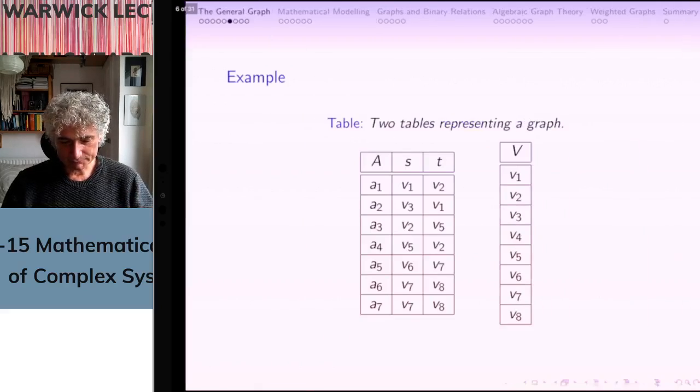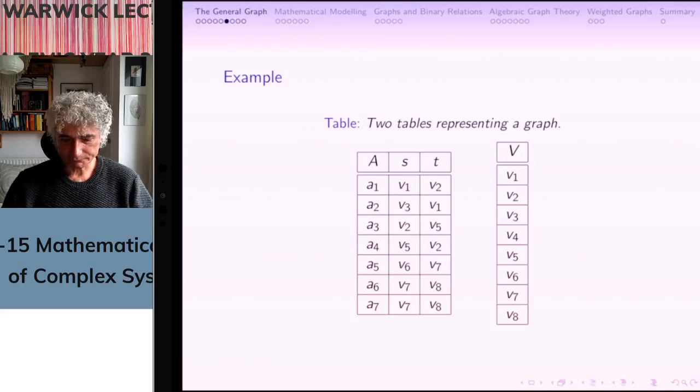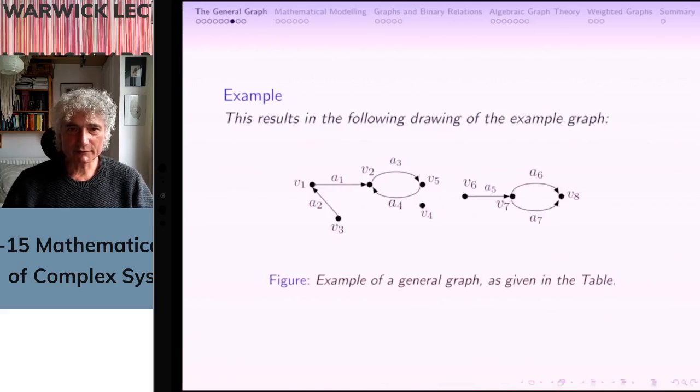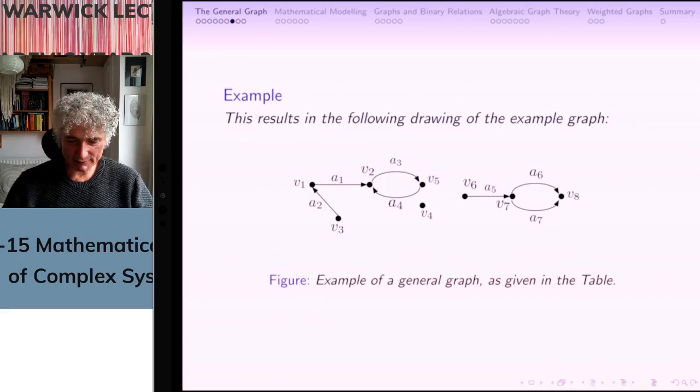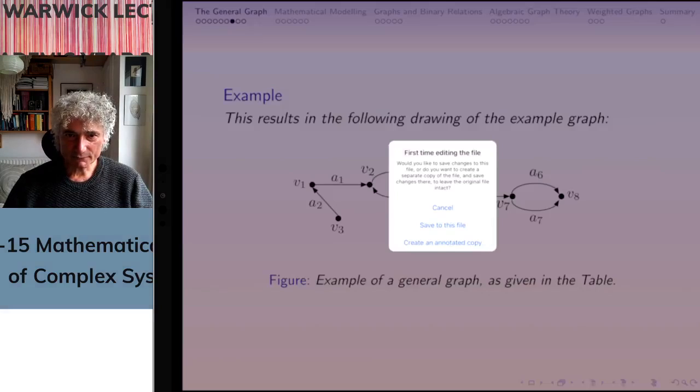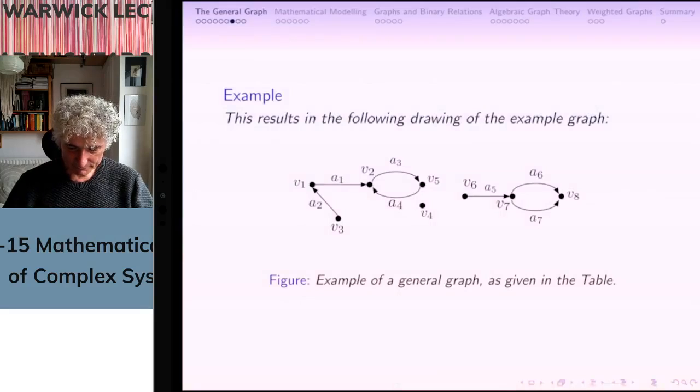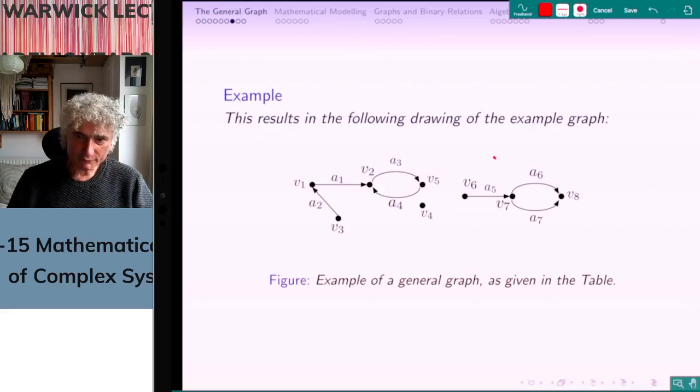And if we draw this, then the result would look like that. And this information, as you can check, is exactly the same information we have in the tables.